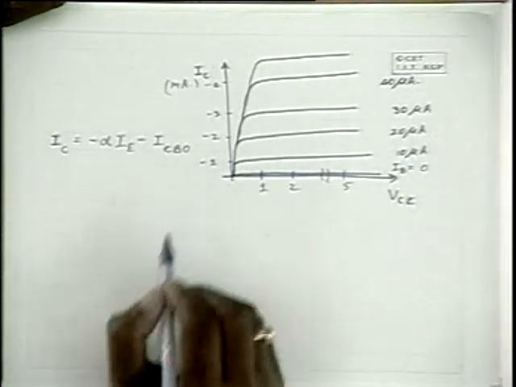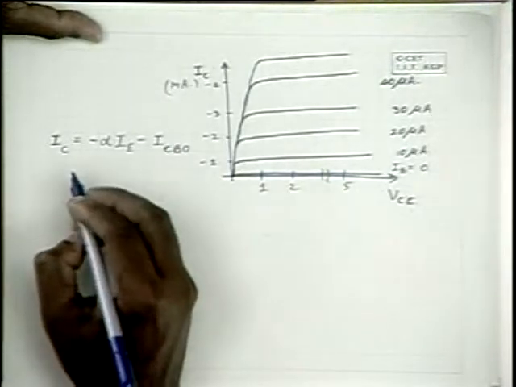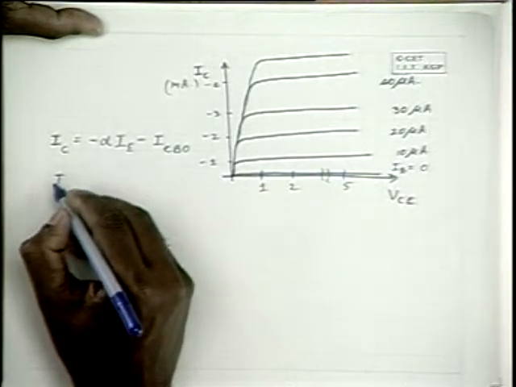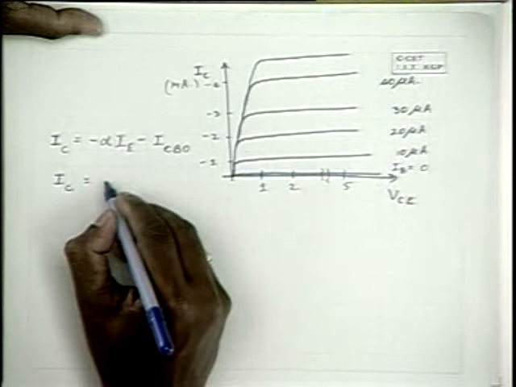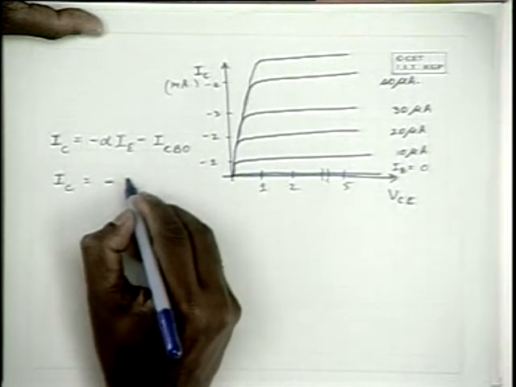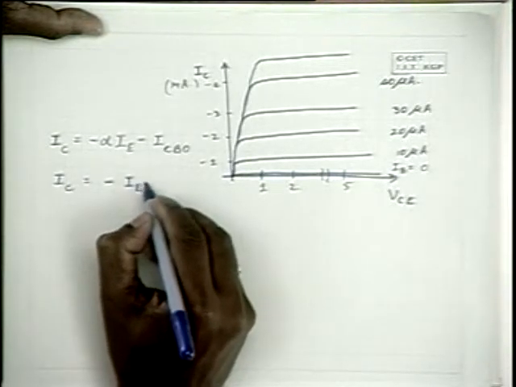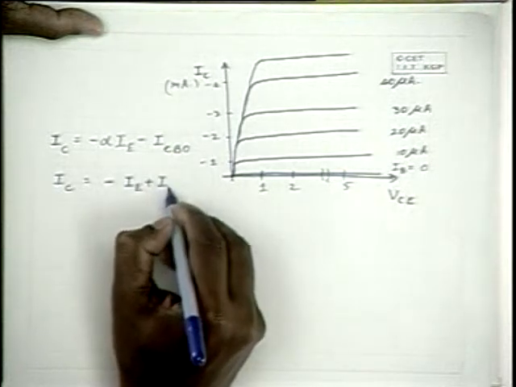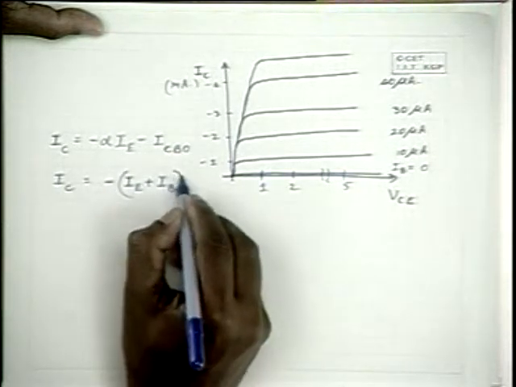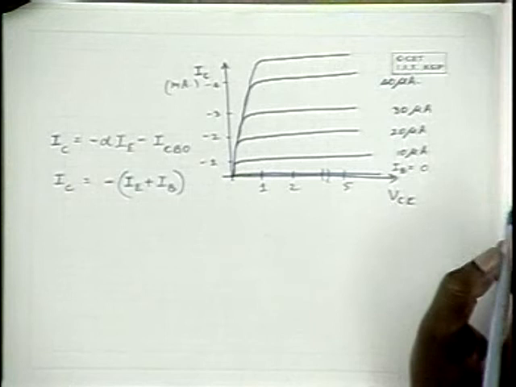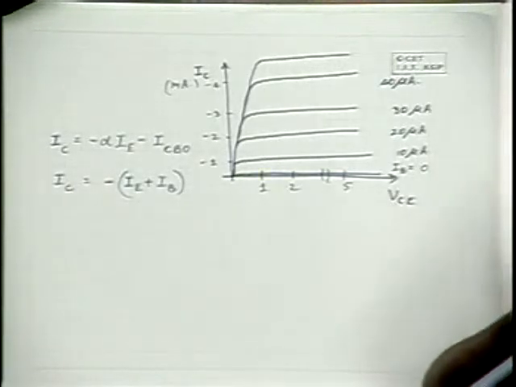So this is the expression for the collector current, and we also know that IC is equal to minus (IE plus IB). The reason is it's a three-terminal device. We have IE, IB, and IC going into the transistor. By applying Kirchhoff's current law, the sum of these currents is equal to 0.